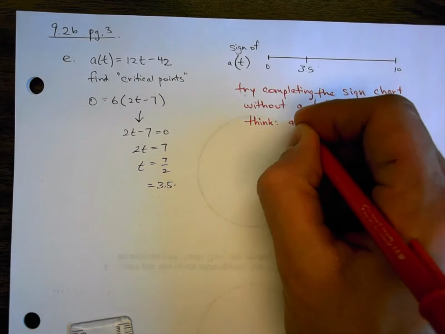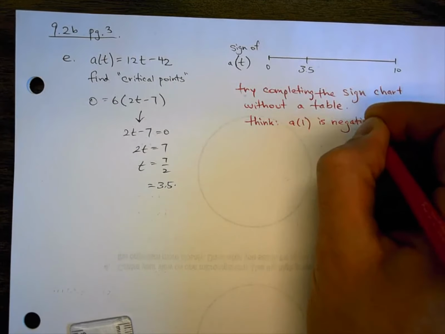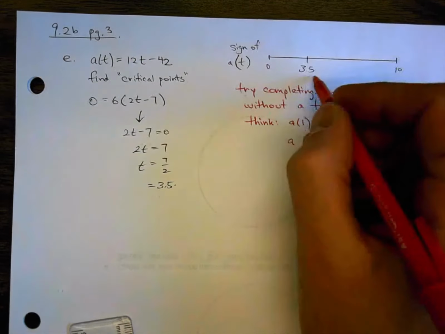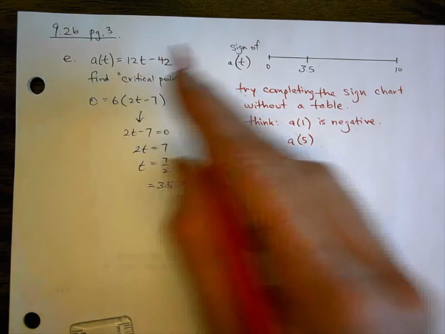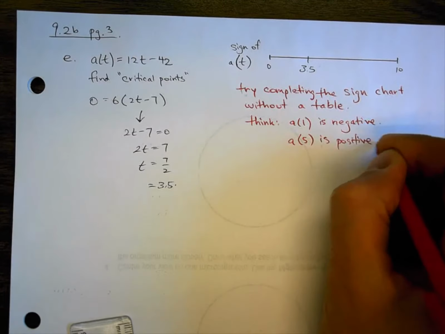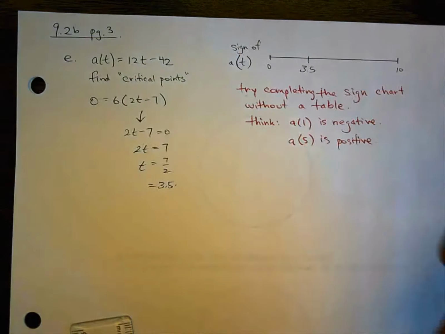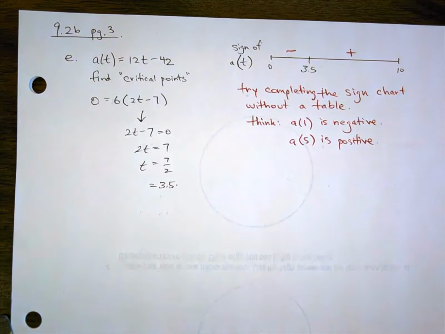So A at 1 is negative. And then if I choose a number greater than 3.5, say 5, I get 12 times 5 is 60, it's going to be positive. So you can do that one because there's not a lot of factors to worry about. You can do it pretty quickly without all the fuss of a table.